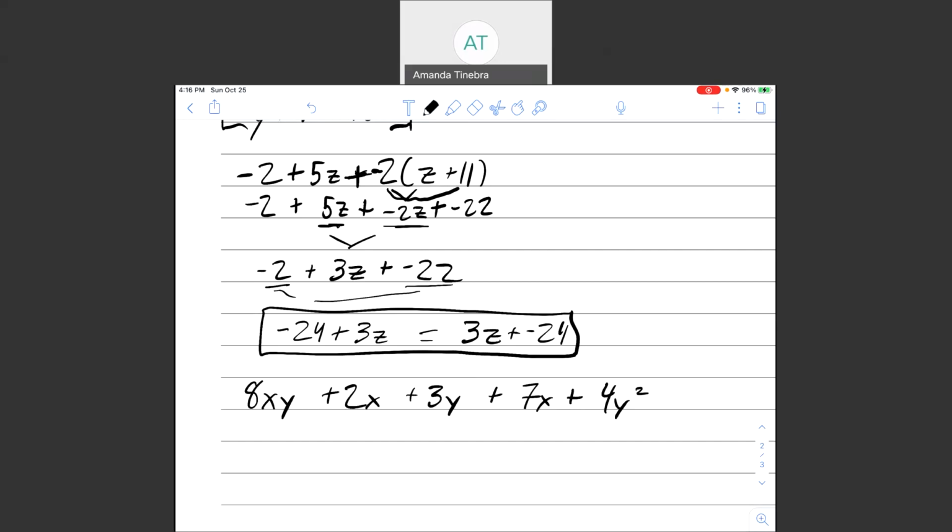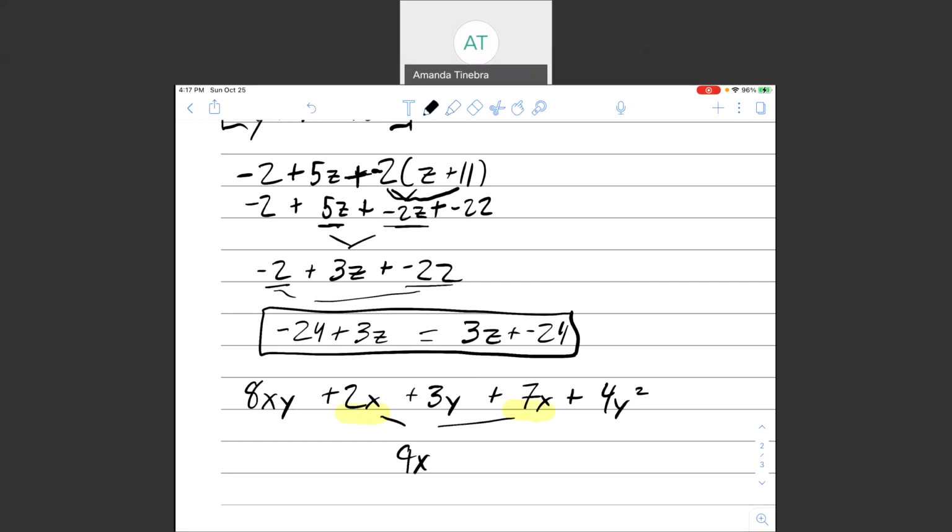The important thing with combining like terms is that like terms means the exact same variable. So in this case, y, that's not the same as x, so that can't be combined. It's not the same as xy, so that can't be combined. The only things in this expression that I have to combine are my 2x and my 7x. 2x plus 7x, that's 9x.